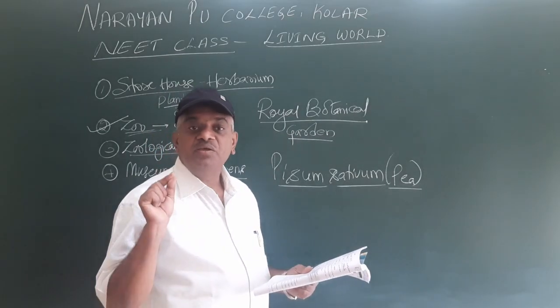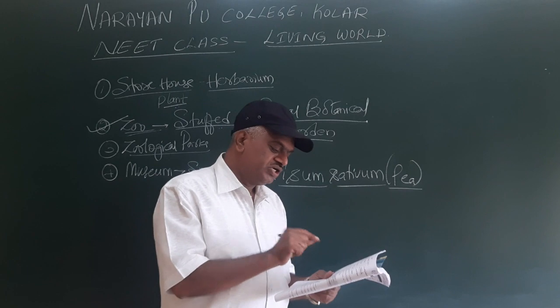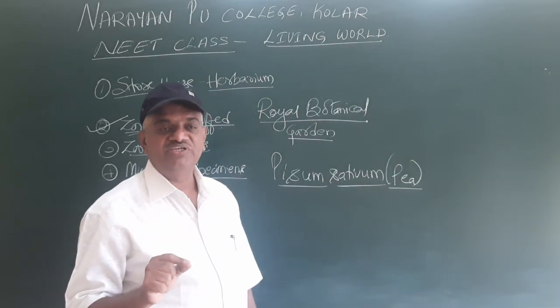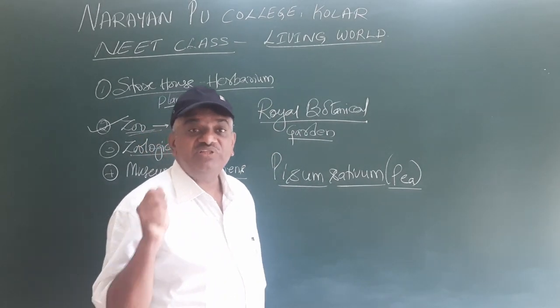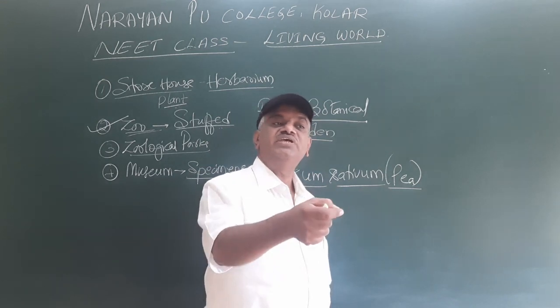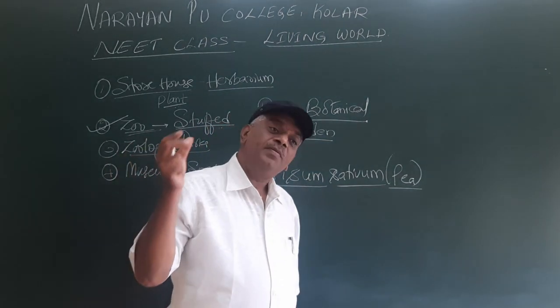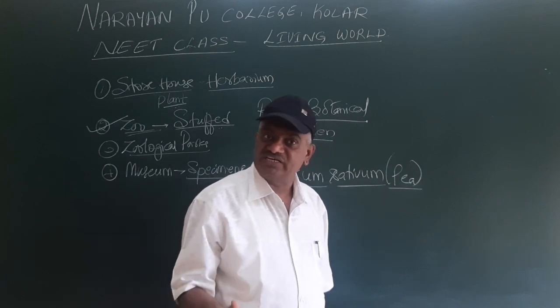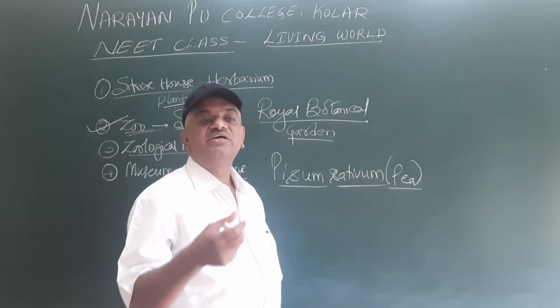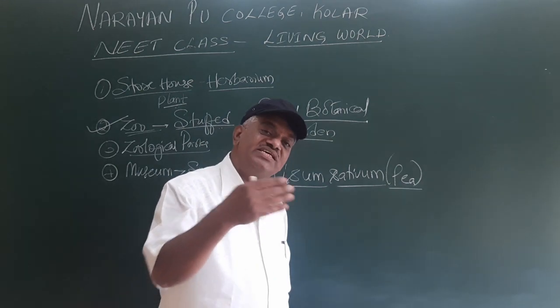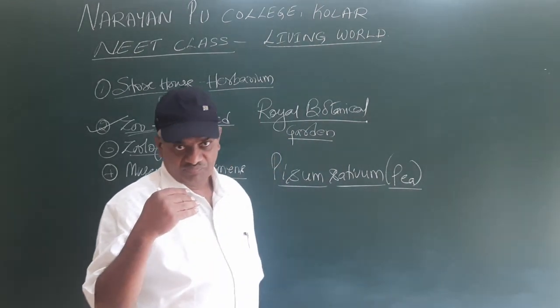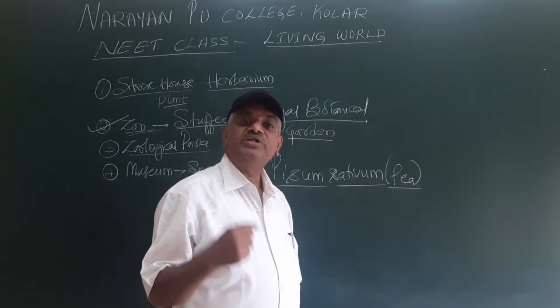How an animal behaves, all that should be known. I'm giving a small example here. When a man is standing with a stick, definitely the animal will never come in front. For example, when a man is standing with food packets or food, immediately the animal wags its tail and comes in front of the person to take the food.